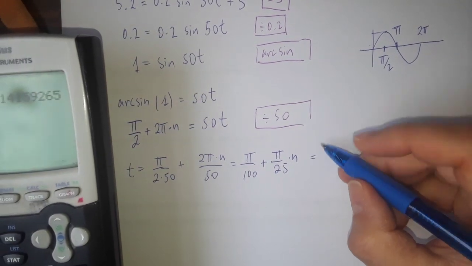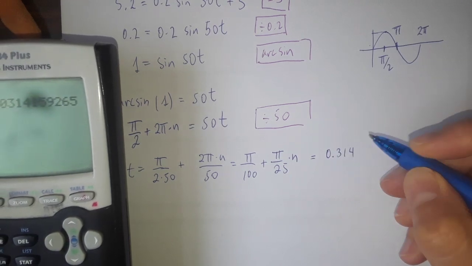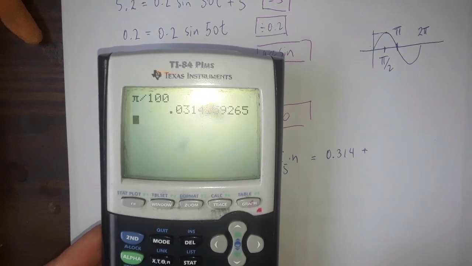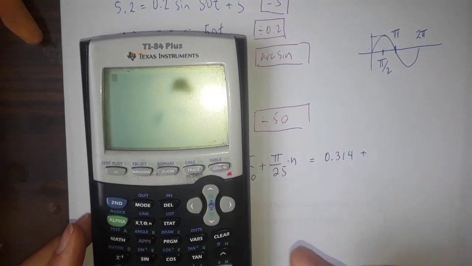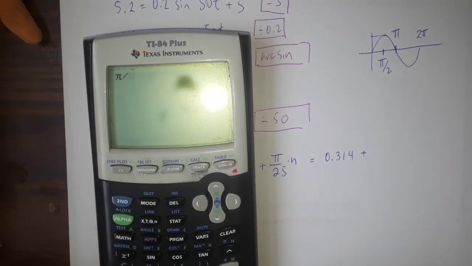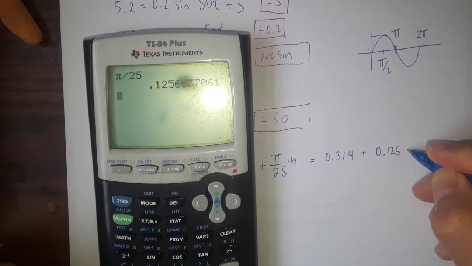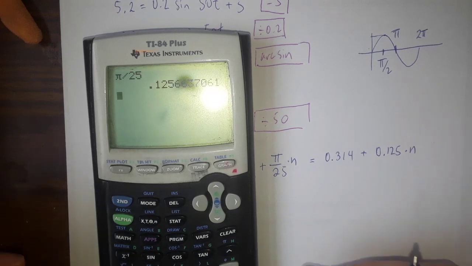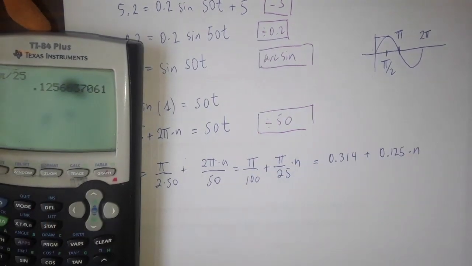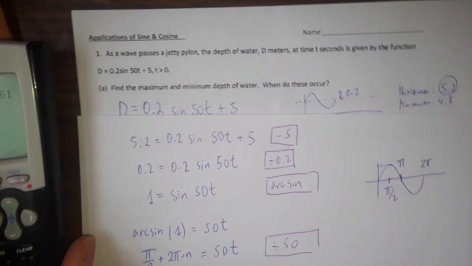So this is 0.314, and this is going to repeat every pi over 25, which is every 0.125 times n, where n is 0, 1, 2, 3, because we have a domain restriction.